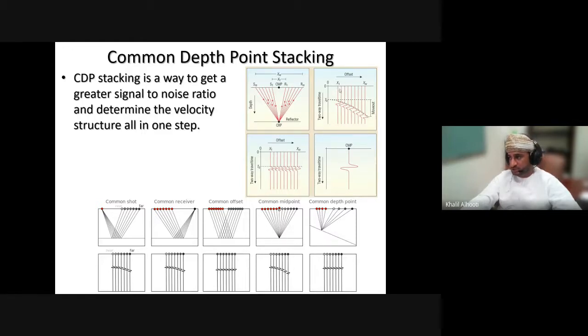This is the smallest offset, x1. xm is the largest offset. xm is this pair, sm to rm, that's the largest pair. And because the offset is large, the delay time, or delta t, what we also call moveout, is the largest.